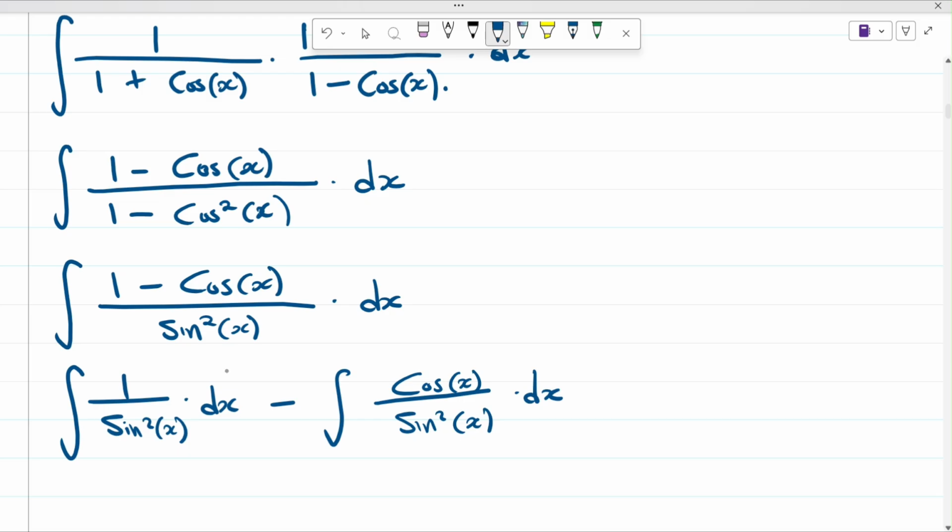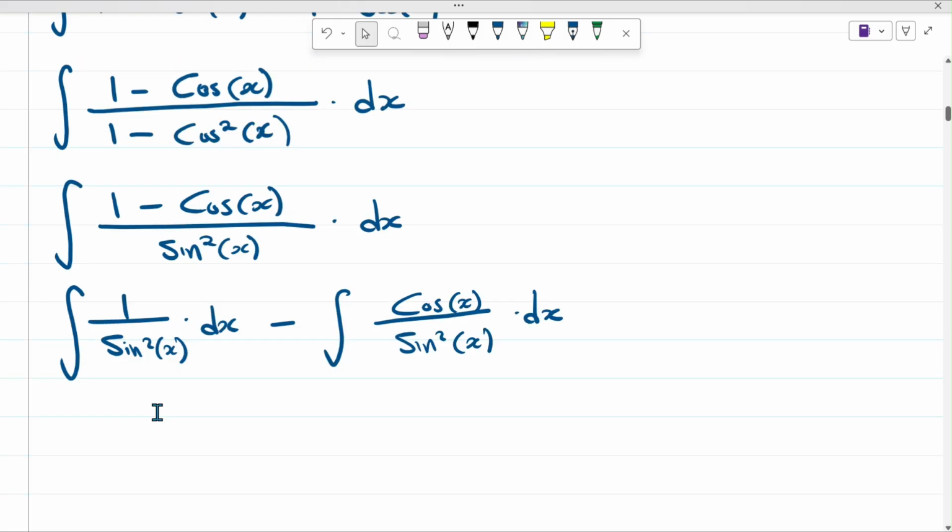And from here we can see that 1 over sine squared we can't integrate directly, but if we change it into its reciprocal, which is cosec squared, then this is equivalent to the integral of cosec squared of x dx minus, and then also this other side.